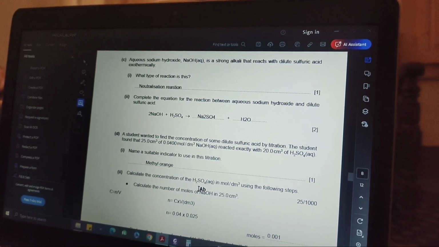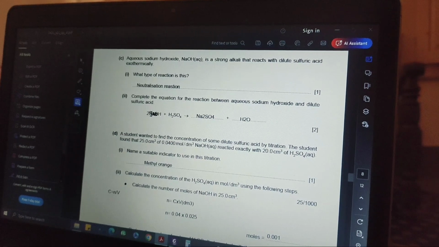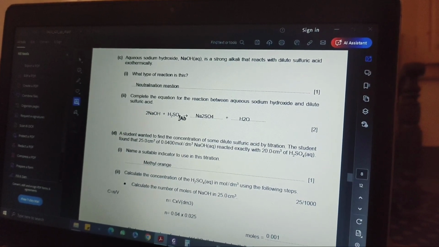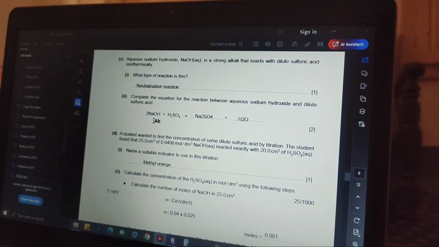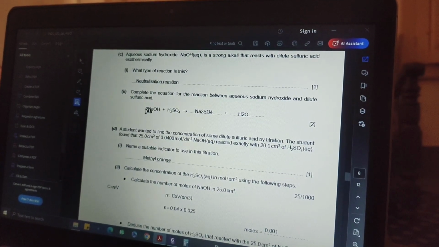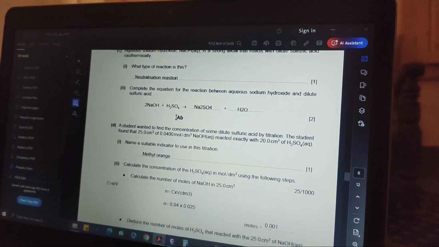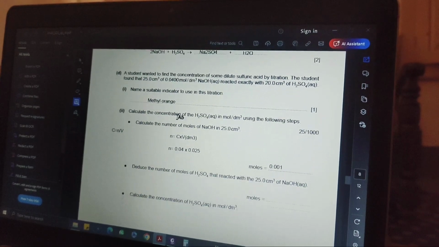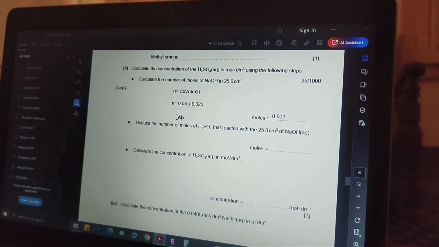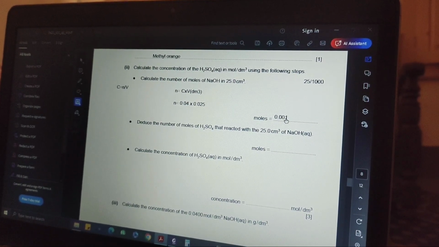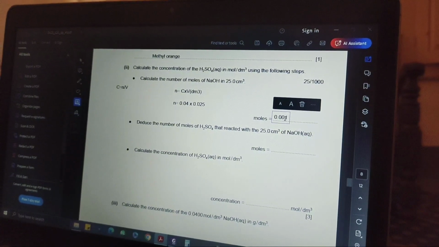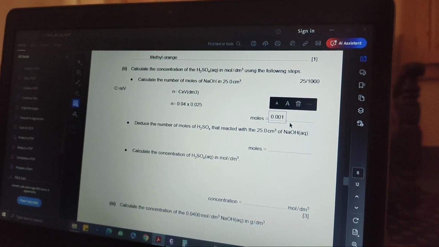So here we could say that 2 moles of sodium hydroxide are consuming 1 mole of sulfuric acid. So which means that if we take 1 mole of sodium hydroxide, sulfuric acid will be half. So we'll be taking half of the number of moles of sodium hydroxide.